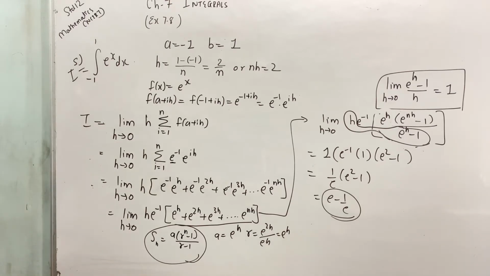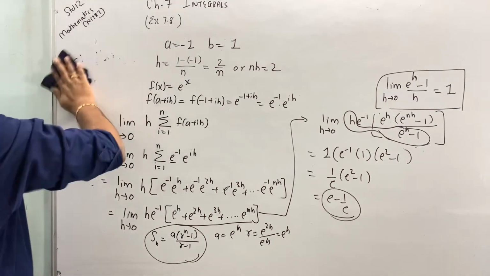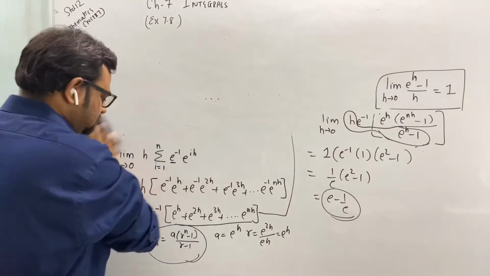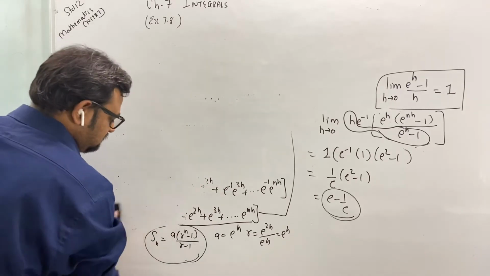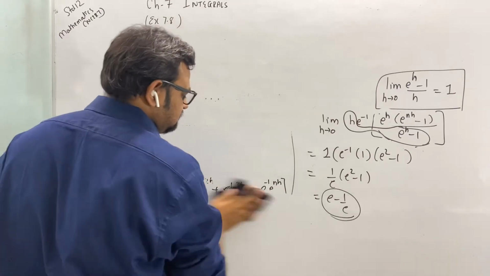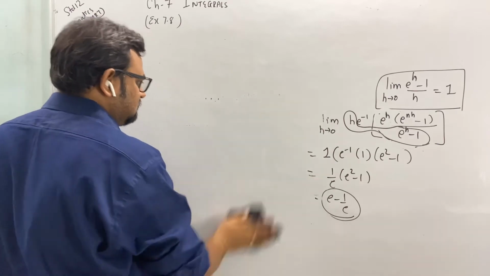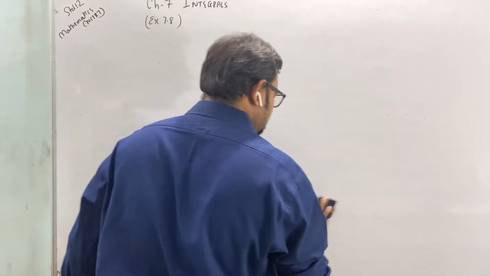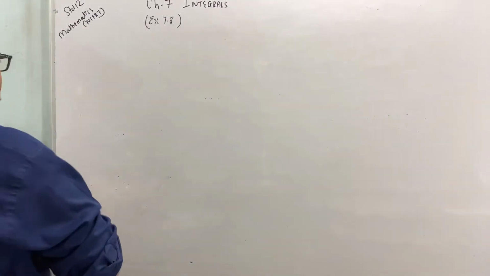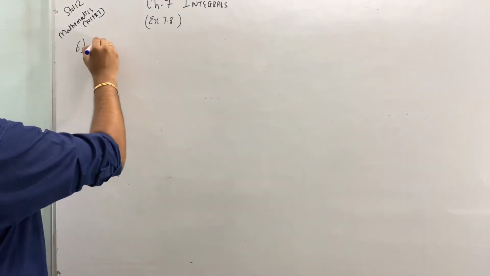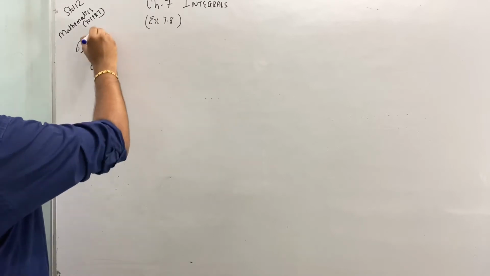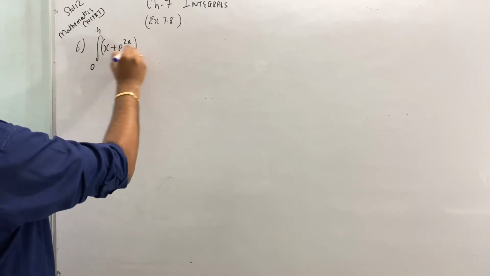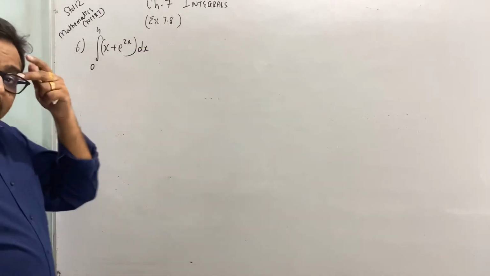Okay, now let's move to the next question, that is question number 6. Integration of 0 to 4, x plus e raised to 2x dx.